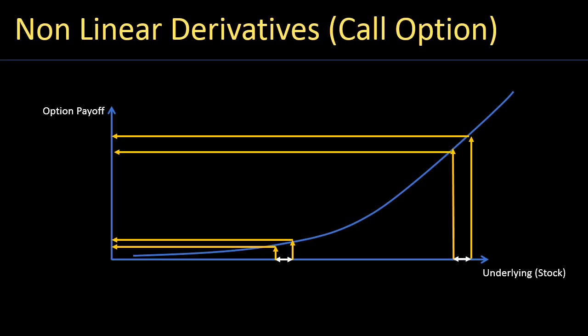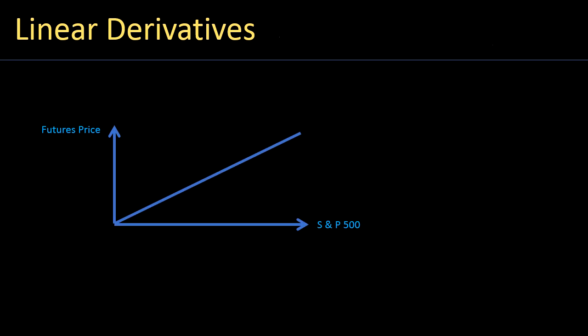When we spoke about linear derivatives, if you remember, whether the S&P 500 index moves by just a small amount here, or by a larger amount, or you're somewhere here and it moves by the same amount, the change in the futures price to the change in the S&P 500 is always a constant.